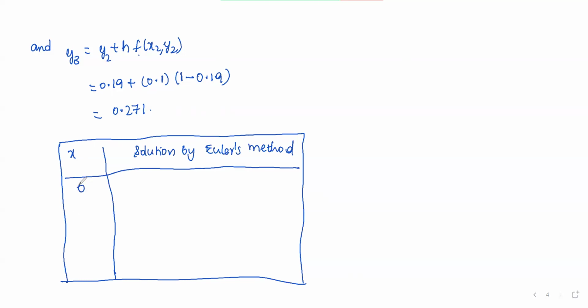Put x is equal to 0, we get the value 0. And x is 0.1, 0.2, and 0.3. Substituting 0.1, we get also 0.1. This is the first approximation. In the second approximation, what do we get? 0.19. In the third approximation, we get 0.271. Hence solved. This is the way we have to solve any problem by using Euler's method formula.